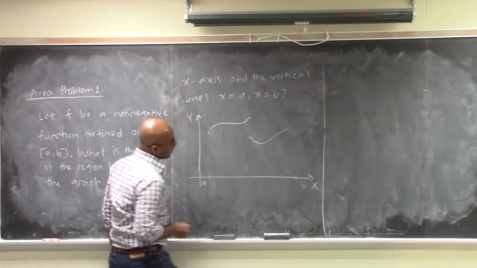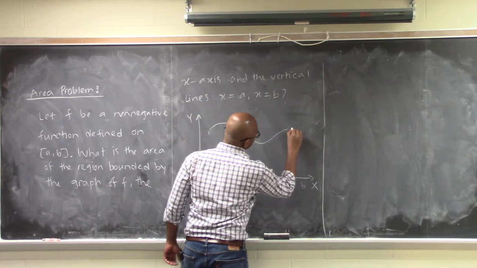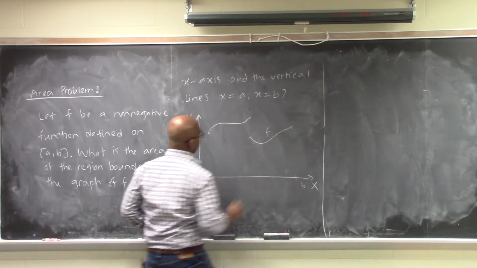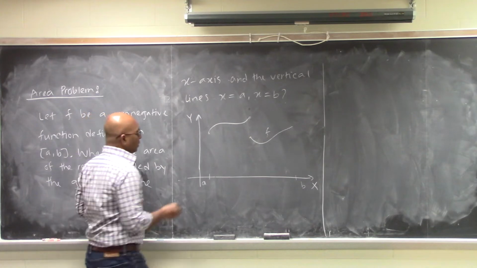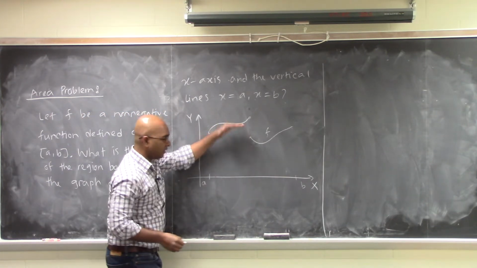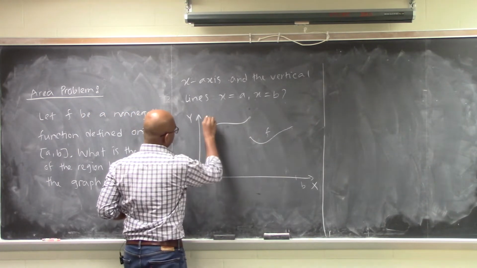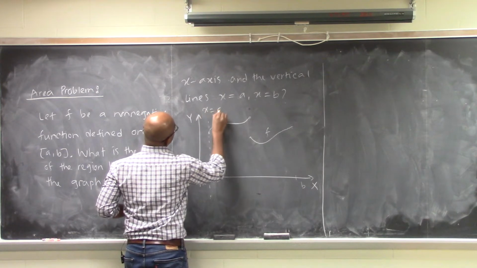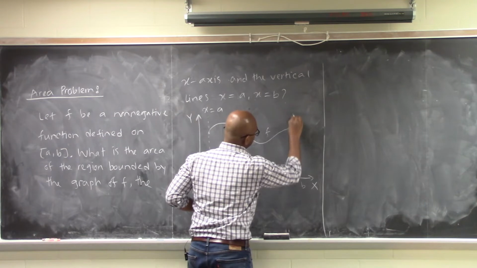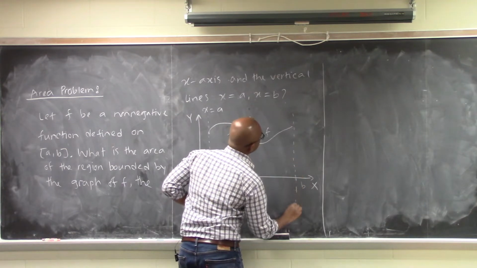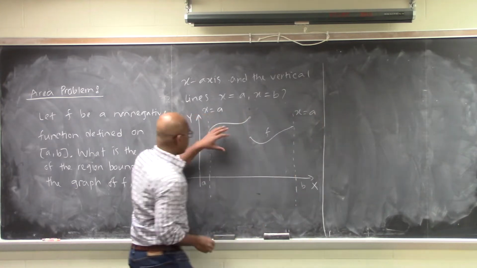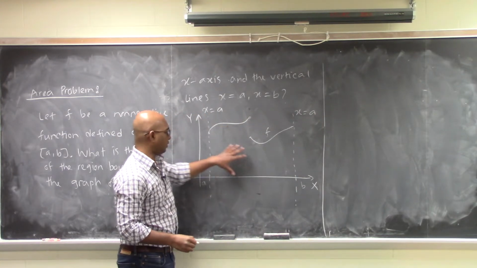So this is the graph of my function f. And then what region are we talking about? It is bounded by this graph, the x-axis, and those two vertical lines. This line is x equals a, this line is x equals b. So it's pretty much this region in between.